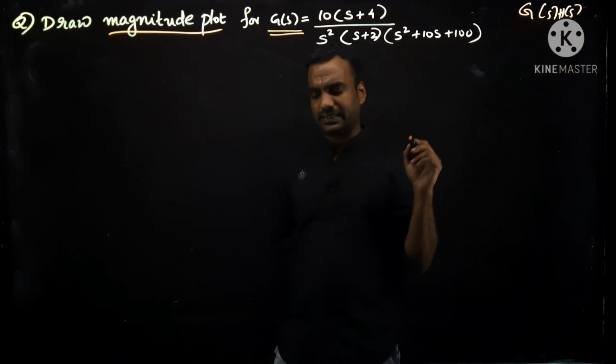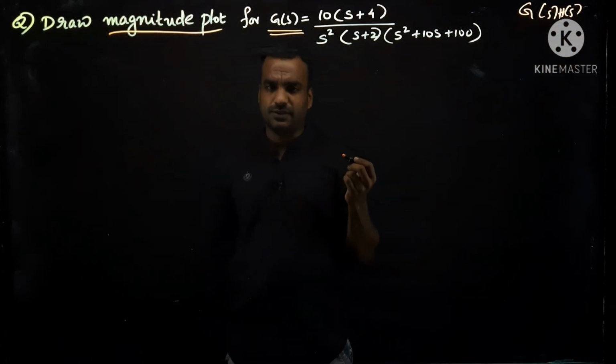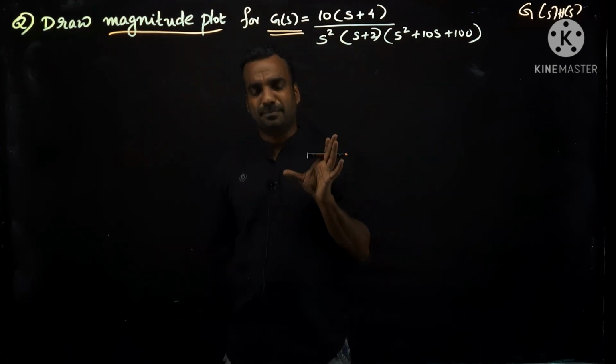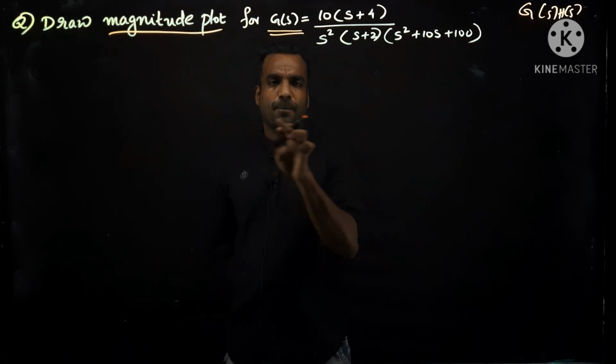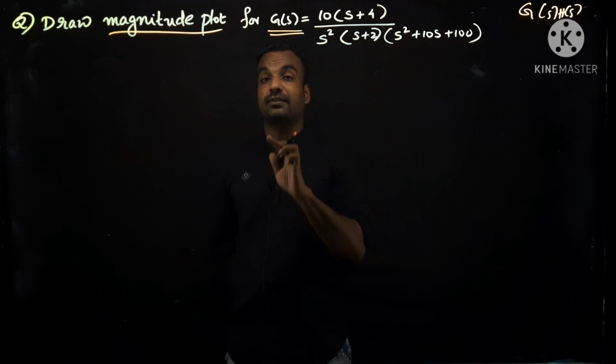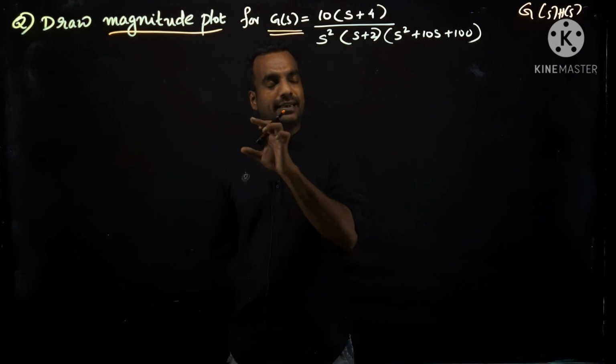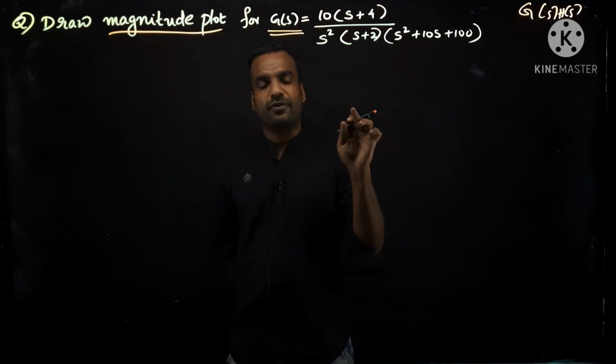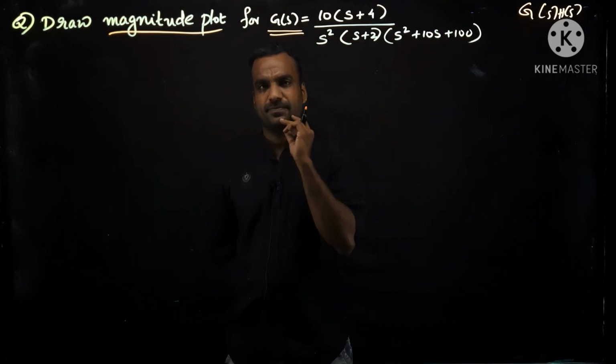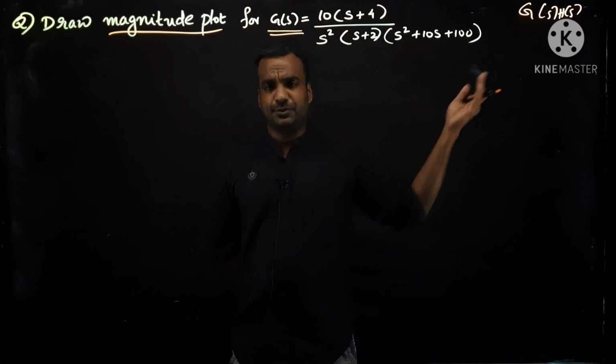So first of all, what is the difference between G of s and G of s H of s? G of s is simply the open loop gain without considering the feedback. If in the same open loop system we consider feedback once, then it is G of s H of s.